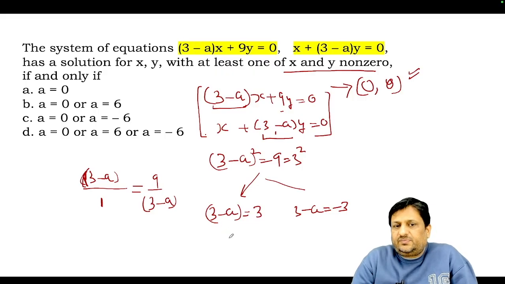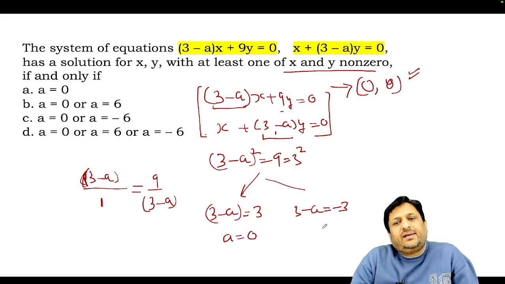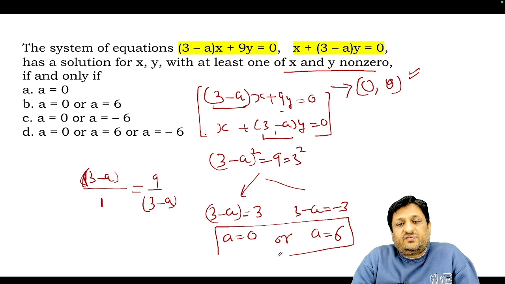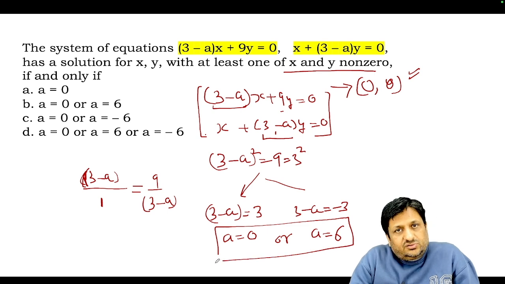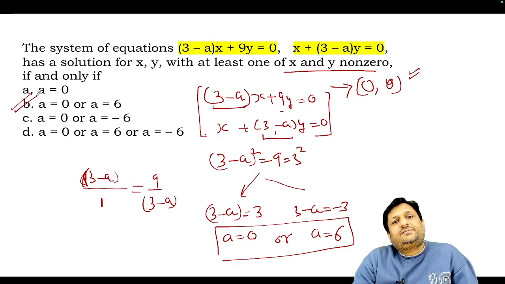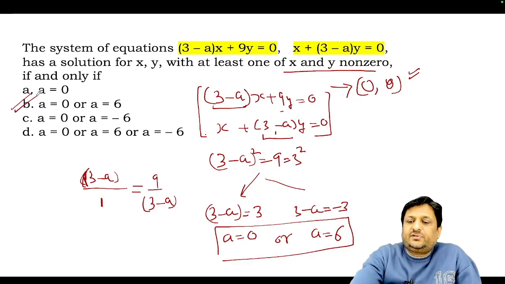If 3 minus a is plus 3, we can deduce that a is equal to 0. If 3 minus a is minus 3, we can deduce that a is equal to 6. So a can be equal to 0 or 6. Then this system will have infinite solutions. It means option B is my answer. Okay, let's move to the next question.